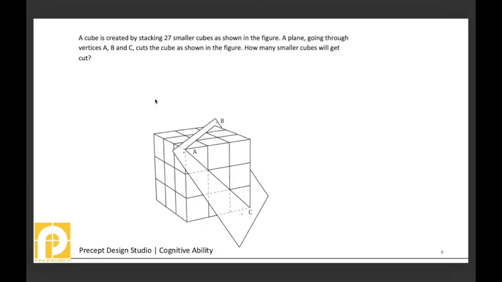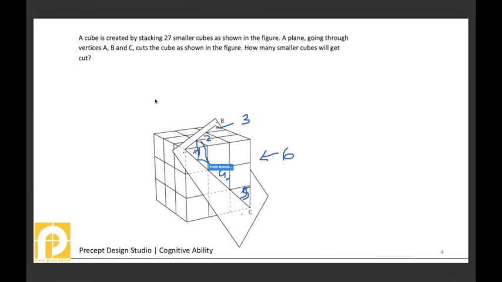So evidently, let's just first count the cubes that are definitely getting cut. So we have 1, 2, 3, 4, 5. And then here at the back, like you have 4, there will be a 6th cube also, which will get cut. Now, besides these which are given here, there will also be this cube that gets cut diagonally.